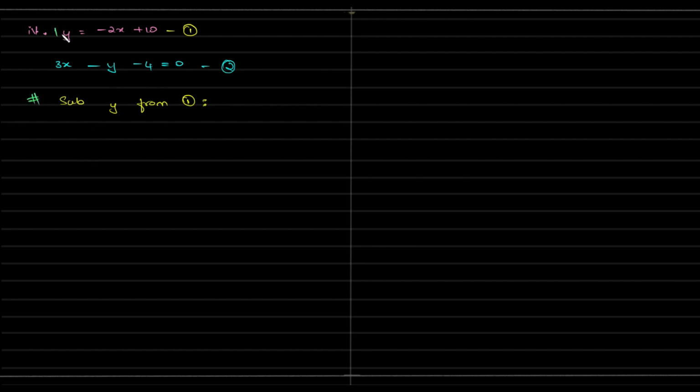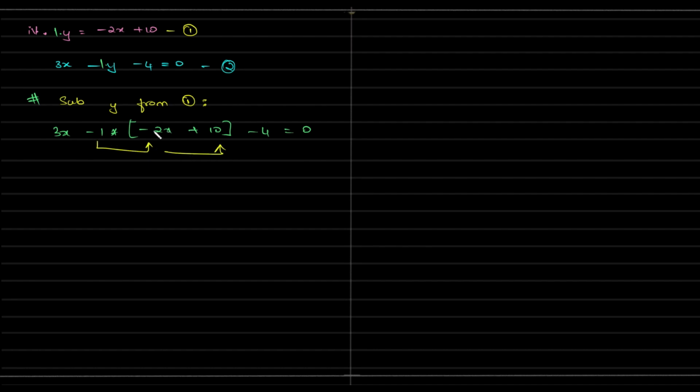So 1y is equal to minus 2x plus 10. So we are looking at 3x minus 1y. So minus 1 into, in place of y, we're looking at minus 2x plus 10, minus 4 being equal to 0. So minus 1 is to be multiplied with both the terms.